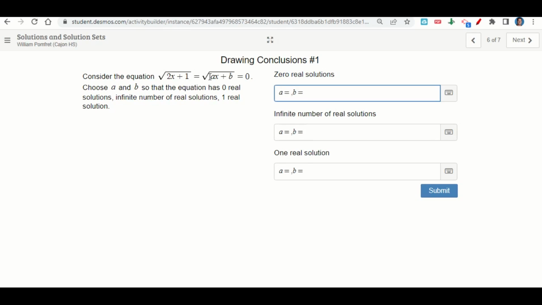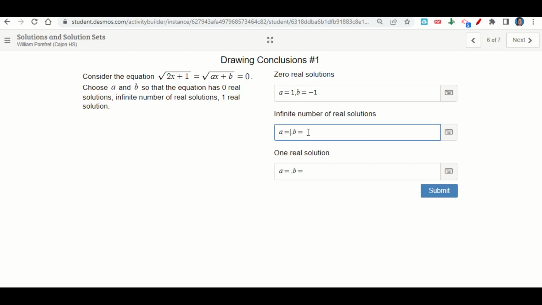So an example of that, using this formula here, it would be maybe 1 times 1 plus negative 1, right? That would give me 0. So now I would have 0 solutions because I'd have square root of 0 is equal to 0.